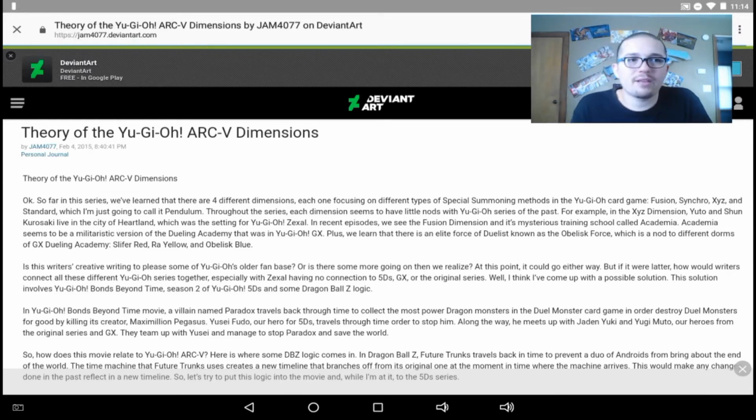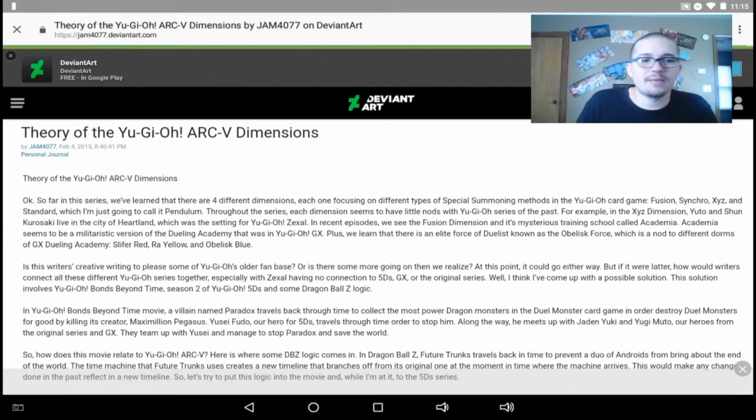But that didn't work out quite the way they planned. This then led people to use Synchros in conjunction with fusions and Xyz in conjunction with fusion and Synchro monsters. This leads to the standard or pendulum dimension that we now know in Yu-Gi-Oh! Arc 5. But that still doesn't leave us with an answer to how the fusion and Xyz dimensions are created.